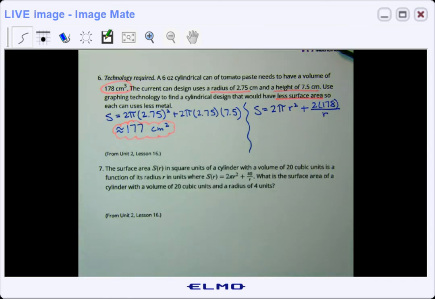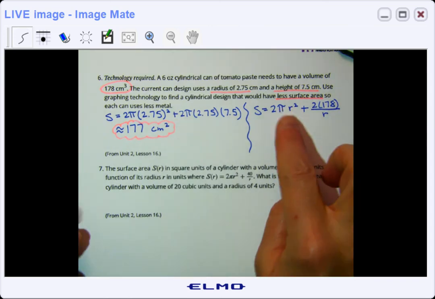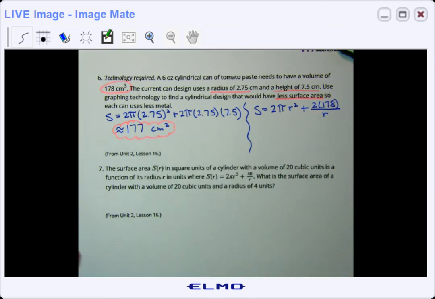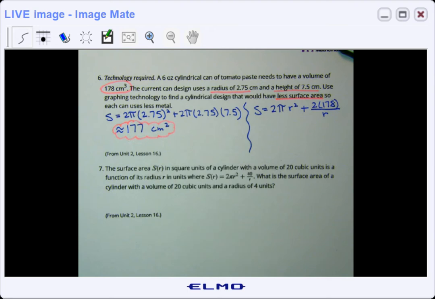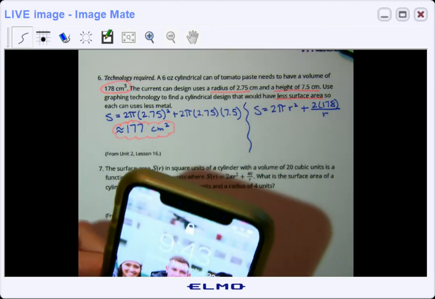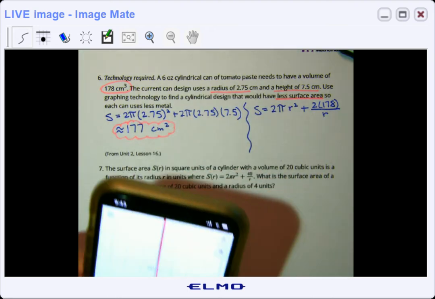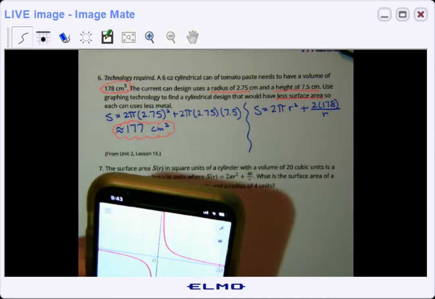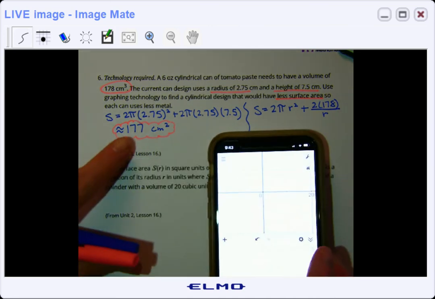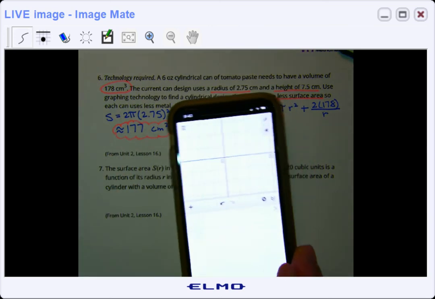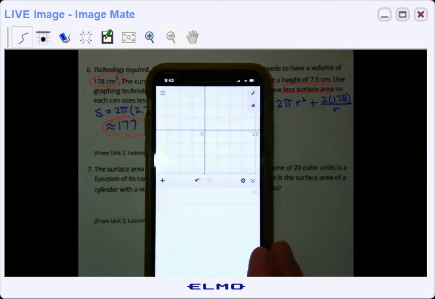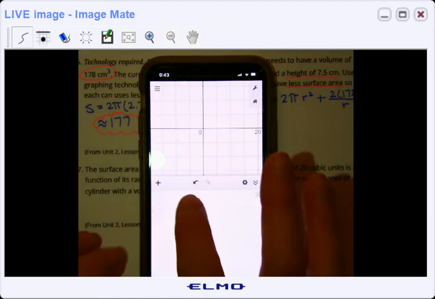I am going to graph this surface area in Desmos, and I'm also going to graph this as well. Let me zoom in here so we can see it really well.